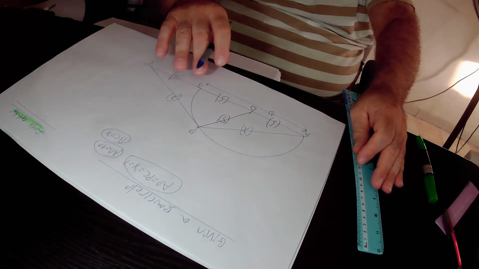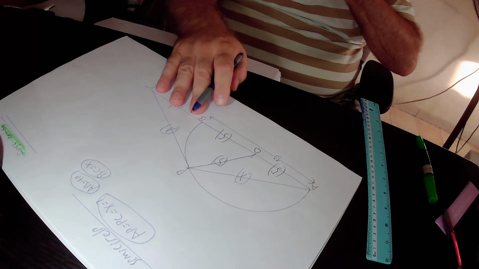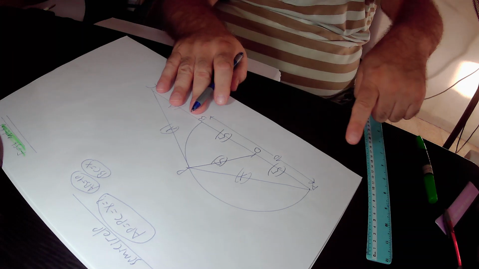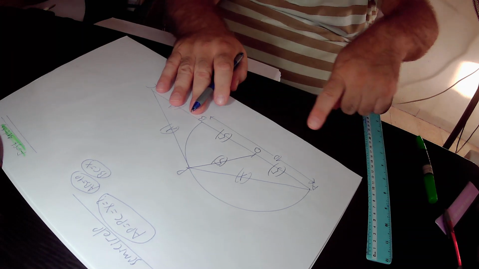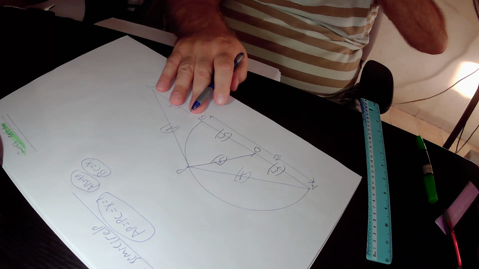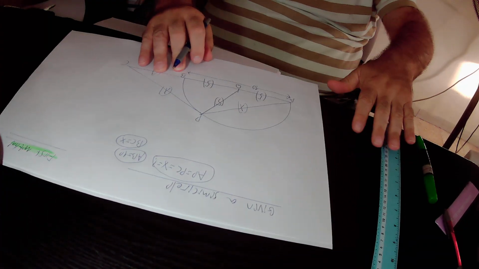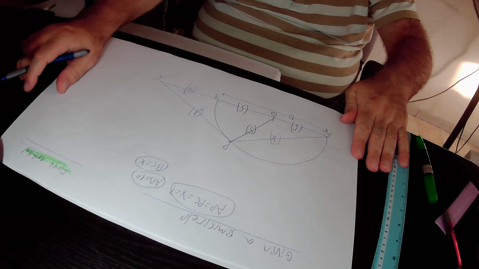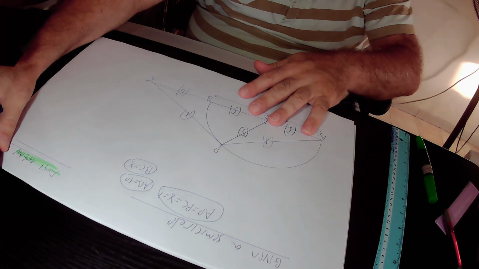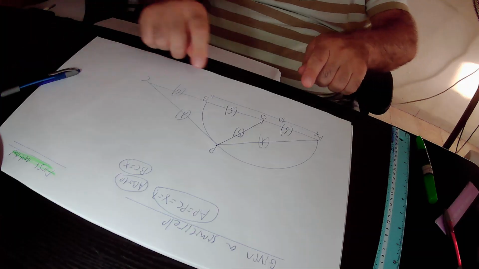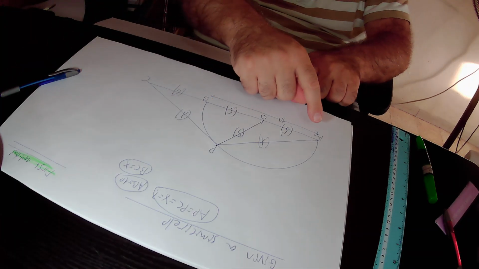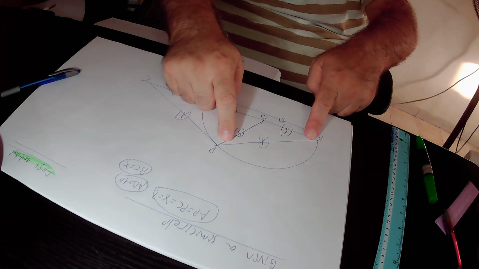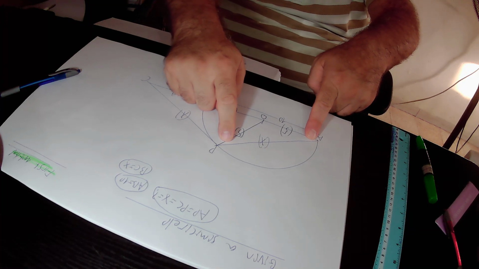Actually, by doing this construction, we get the associated triangle AOP. Why is triangle AOP an isosceles triangle? Because AO equals OP equals 5. And we have the rule that says that opposite equal sides in a triangle, there are equal angles. So opposite those two equal sides in triangle AOP, we have two angles that must also be equal in size.